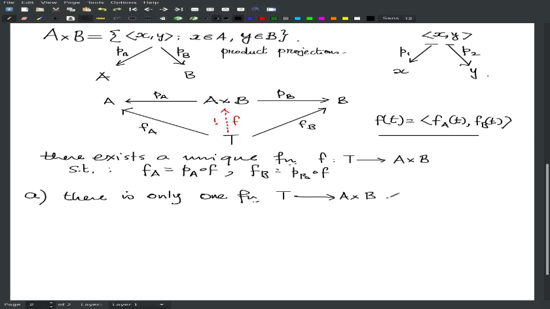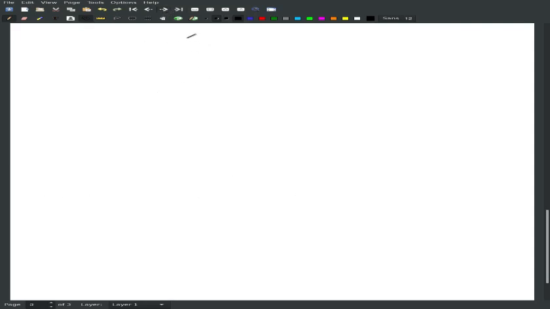There can exist several functions. So let's start with an example. Suppose A is, say, {1, 2}, and B is, say, {3, 4, 5}. Then A cross B we know has 6 elements.